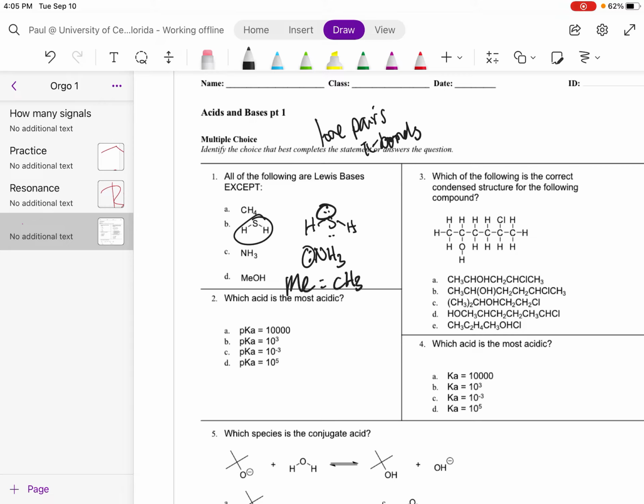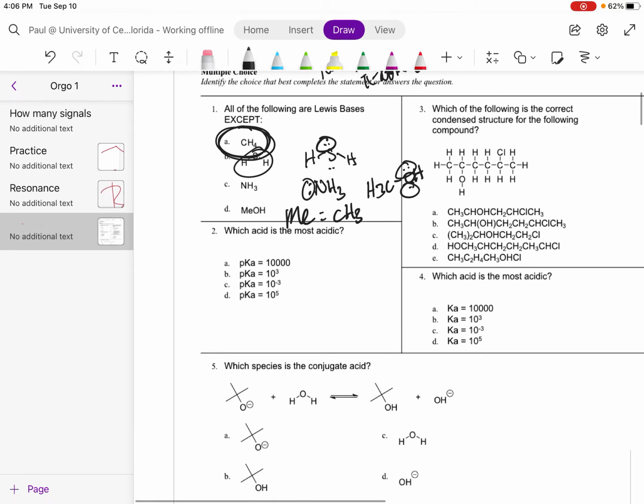So we have a methyl attached to an OH, and the OH has 2 lone pairs. So that can act as a base. So the answer for question 1 would be A.